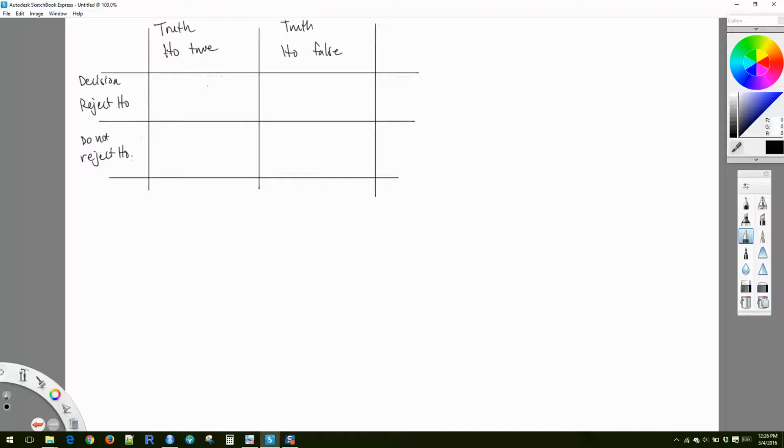So if the truth is that the null is true, rejecting the null would be a type 1 error. If the truth is that the null is false and we've chosen not to reject it, this is a type 2 error. Over here, if the null is false and we reject it, this is a correct decision. And over here, this is also the correct decision.